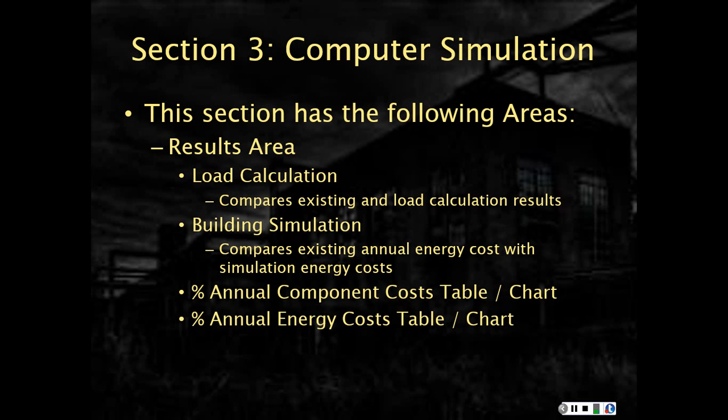And then again, which we talked about already, we want to include a percent annual component cost table and chart and a percent annual energy cost table and chart. This is like one-stop shopping of where key energy is being used. This is really important, especially the federal government when they're paying for an energy audit. This is something that they require in their energy audits.